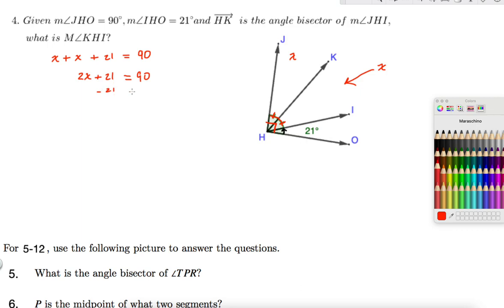And I could take 21 away from 90, and that gives me, what does that give me? 69. And then I take half of 69, and that's going to be 34.5 degrees. So the measure of angle KHI is 34.5. Okay.